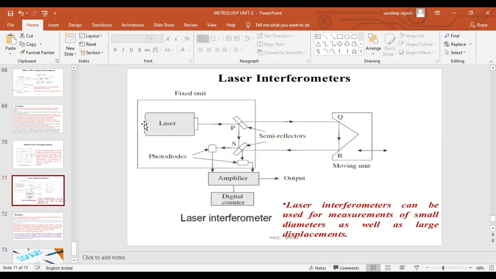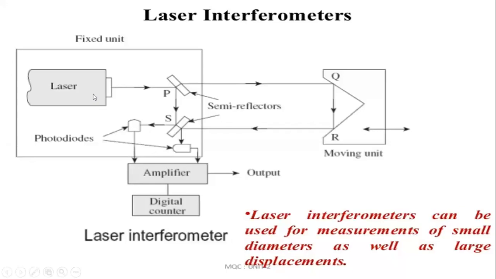So this is the laser interferometer. This is the laser beam, and it passes through the semi-reflectors. These semi-reflectors can be positioned at some angular position, and these reflect onto the moving unit, that is, the moving carriage.